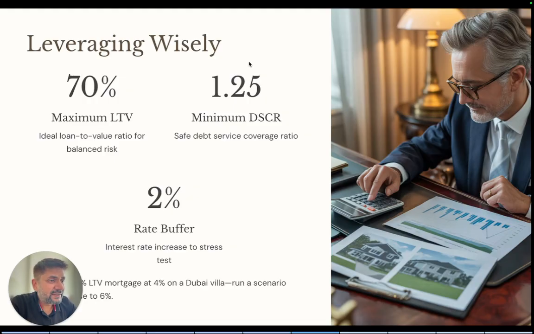Model an interest rate increase of 1 to 2% to see the impact on cash flow. For example, a 70% LTV mortgage at 4% interest on a Dubai villa. Now run a scenario where the rate rises to 6% and check if your DSCR stays above 1.25. If it does, that's good.